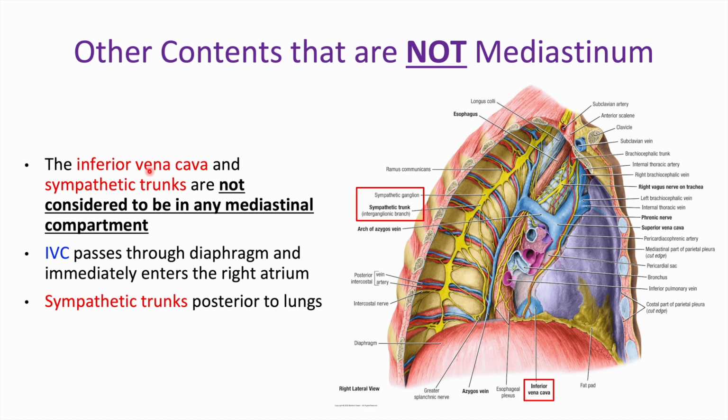And so the inferior vena cava is going to pass through the diaphragm and immediately enter into the right atrium of the heart. So we can see just right here, it's going to bust through the diaphragm and go straight into the heart. We also have our sympathetic trunks, which are going to run posterior to the lungs. So you can see those running all the way up here. We have our sympathetic trunk with all the ganglia, and that's not considered to be in any of the mediastinal compartments.